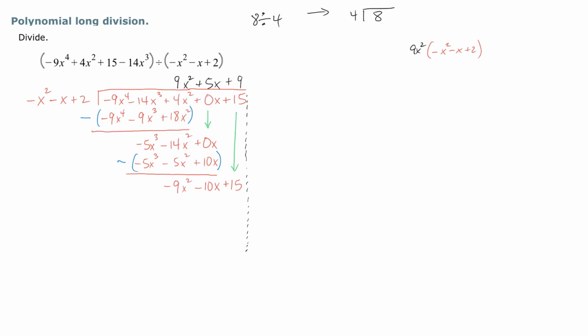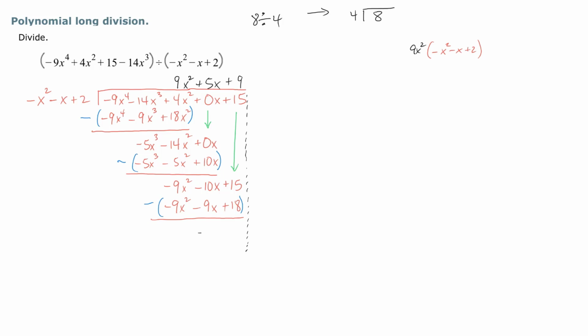And we're at multiply. We multiply. We get this, right? There we go. And now we're at subtraction. And notice we hit our finish line.